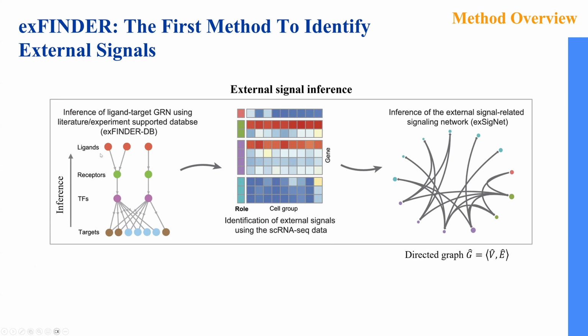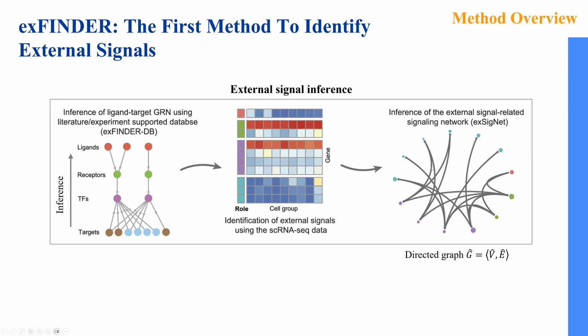Then we check among those ligands, maybe some of them are also highly expressed, and some have very low expression, just like this figure shows. These two ligands may have high expression, and the rest may have low expression. A ligand with very low expression while the downstream genes are activated is a potential external signal.